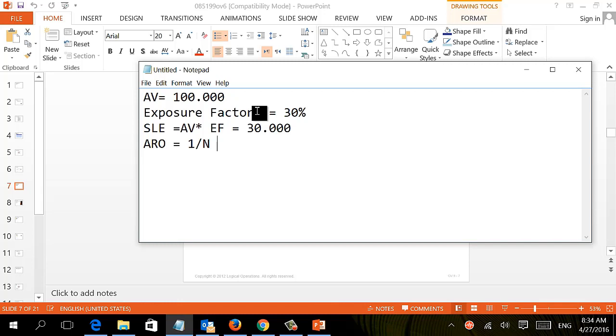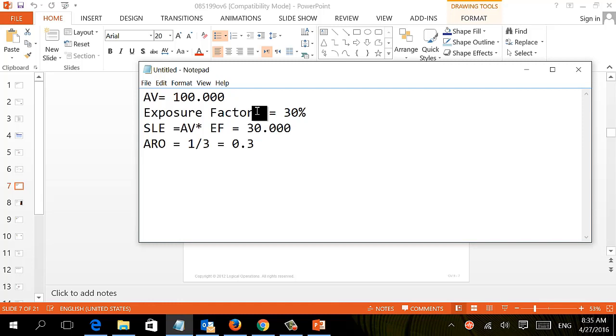If this event happens once every year, it should be 1. What if it was once every 3 years? N is the number of years, so it will be 1 over 3, about 0.3. So the ARO will be 0.3. ARO is the annual rate of occurrence.